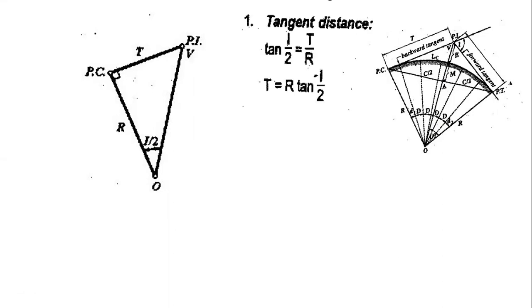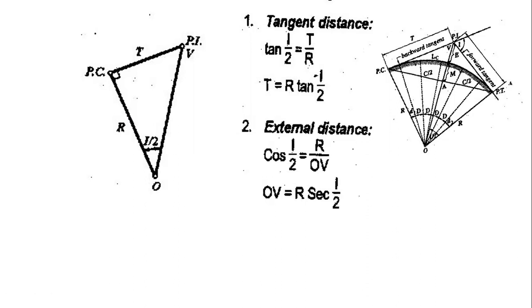And of course, the angle between the tangent line and the radius is exactly 90 degrees. So for the tangent distance, presented as T, we use the tangent function to relate these two variables. So tangent of I over 2 is equivalent to T over R. So just isolate T to give us R tangent I over 2.